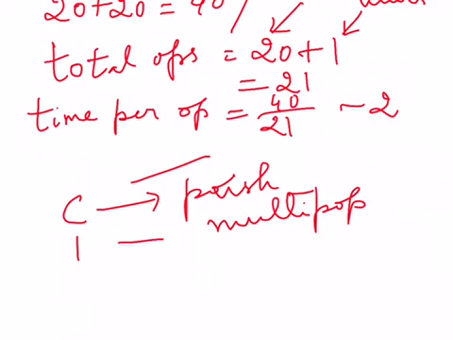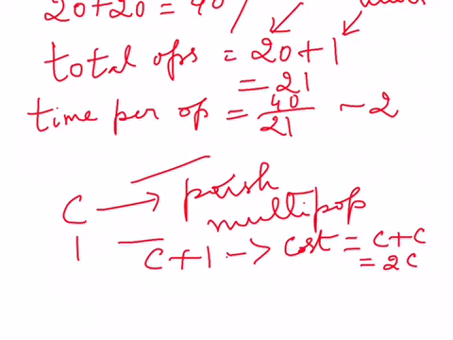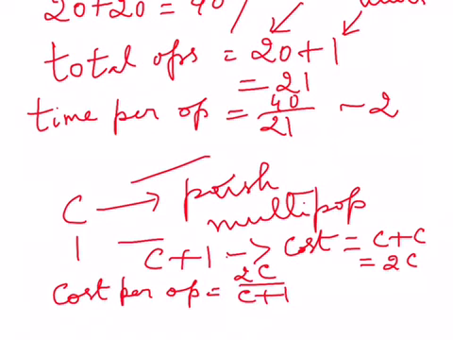So the total number of operations is C plus 1, and the cost is: C push operations will cost C, and one multipop which pops C elements is another C. So total cost is 2C. So what is the cost per operation? Cost per op equals 2C divided by C plus 1. For large C, you can ignore the 1 in the denominator, so it is roughly about 2. So we have generalized it.